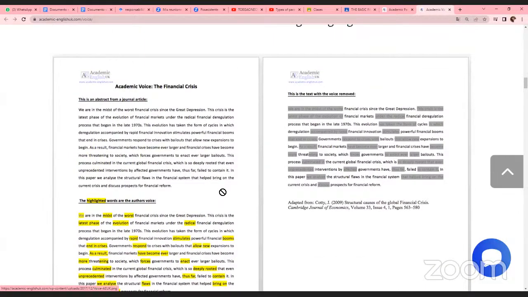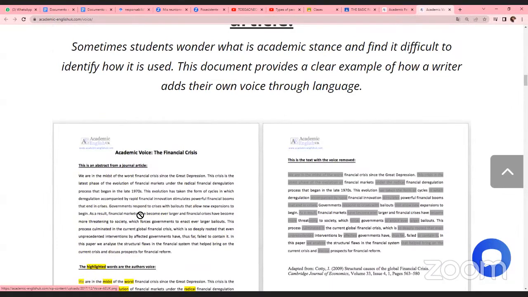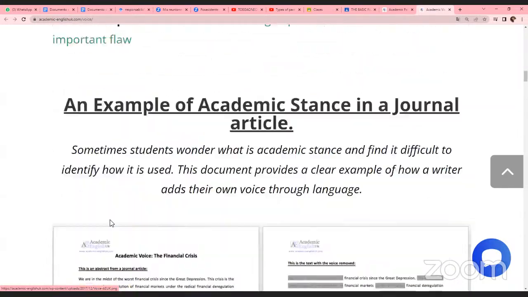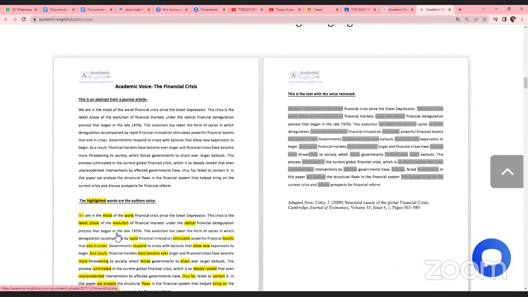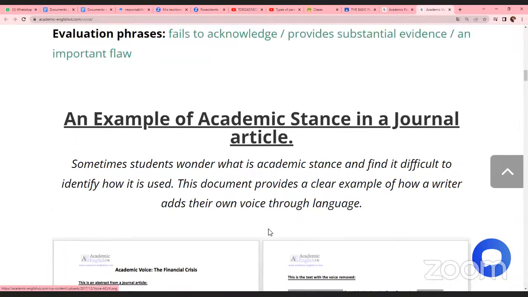How can we say, in this case, we have an article, and we have some adjectives, verbs, and adverbs, right? Sometimes the students wonder what an academic stance is, and find it difficult to identify how it is used.